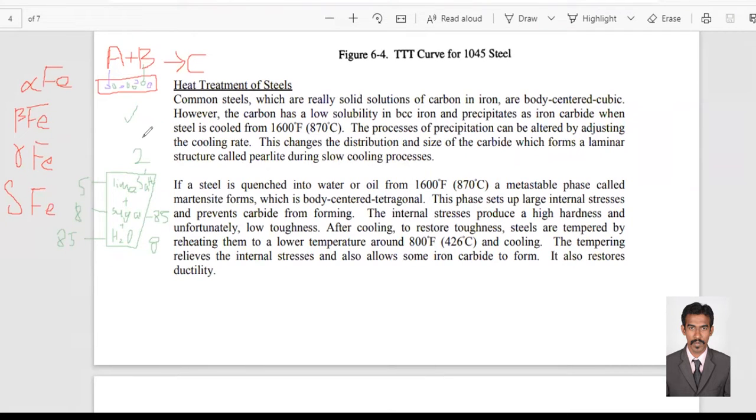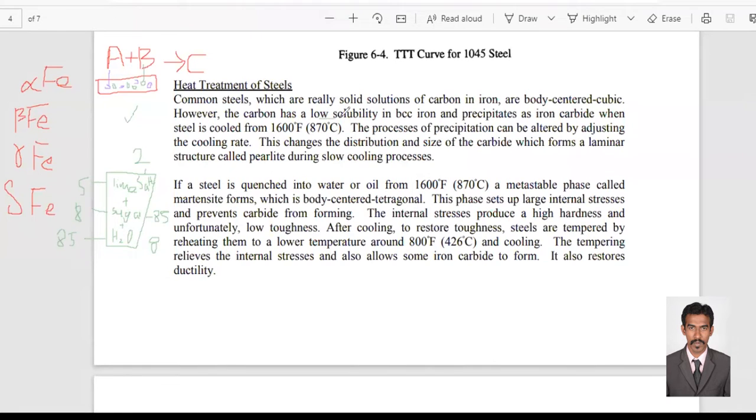We'll see the percentage addition for each structure as we go on. I just want to explain that by varying the individual constituents' percentages, you will have different final products. However, carbon has low solubility in BCC iron, and precipitates as iron carbide when steel is cooled from 870 degrees Celsius.